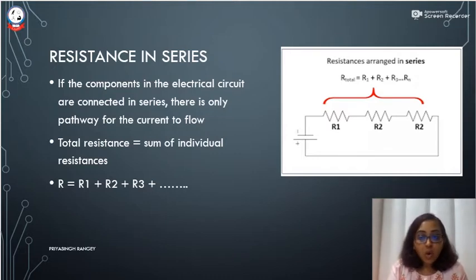Hence, when we talk about the total resistance of the circuit, the total resistance would be a sum of the individual resistances. So say if we are saying that R is the total resistance of the circuit, then R will be equal to the sum of individual resistances, that is R1 + R2 + R3. And if we have multiple resistances, then so on.